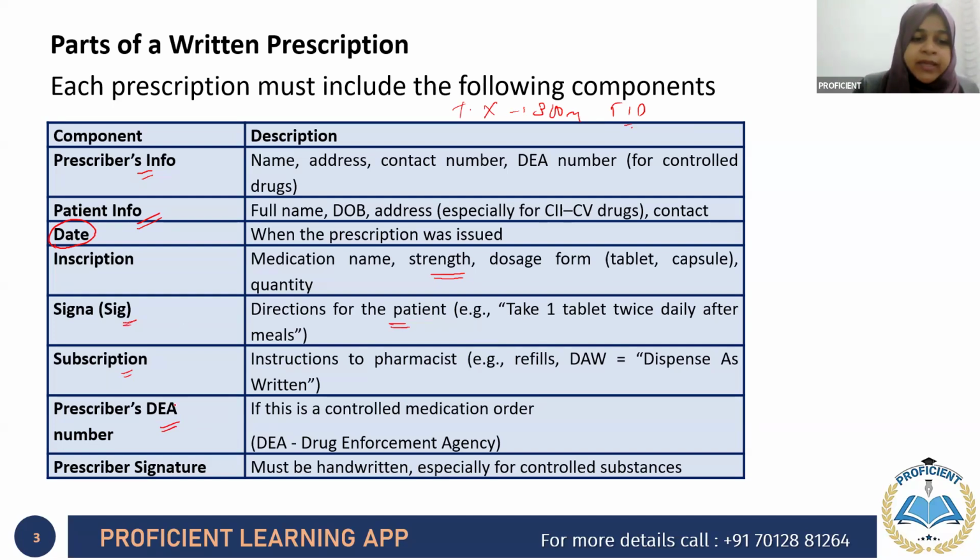So they have a DEA number, and it must be there when you are prescribing controlled medication, like diazepam or morphine. The prescriber's DEA number must be on the prescription, and they should also sign the prescription, and it should be hand signed.